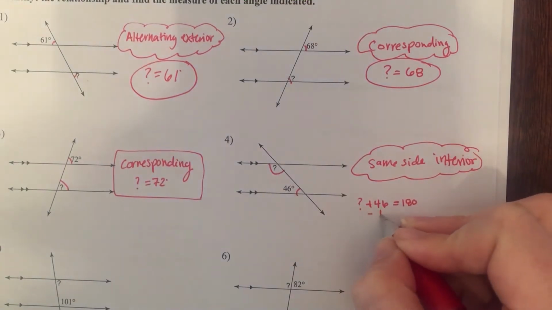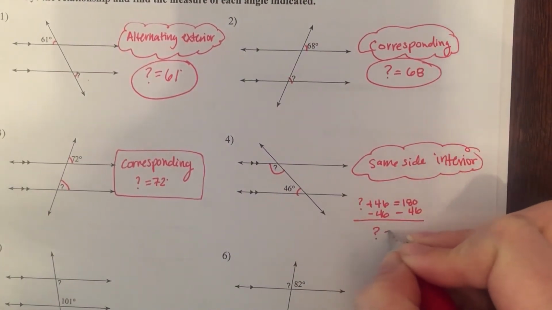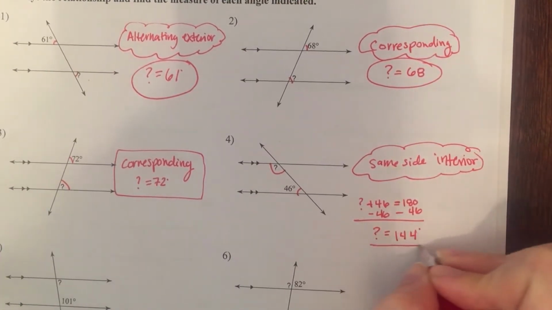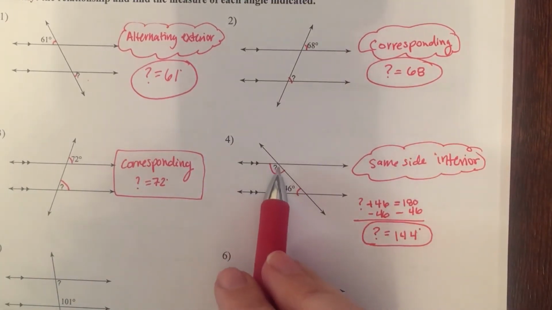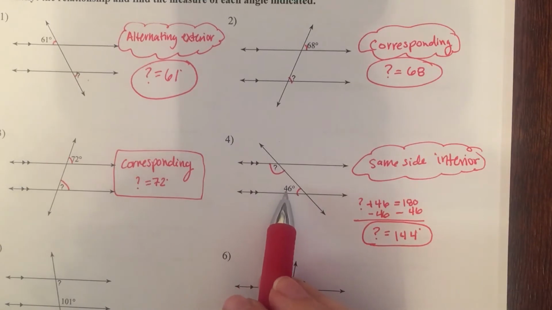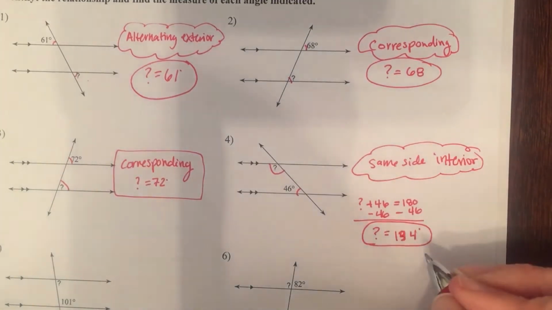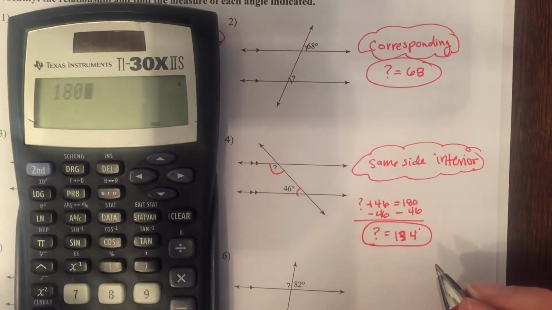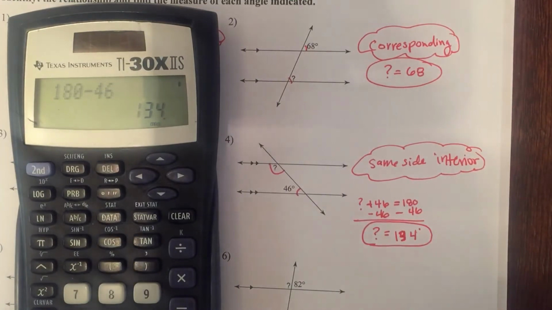So I'm going to minus the 46, and your question mark is equal to 134 degrees. Let's double check. 180 minus 46 is 134. Yeah, there we go, that's better.